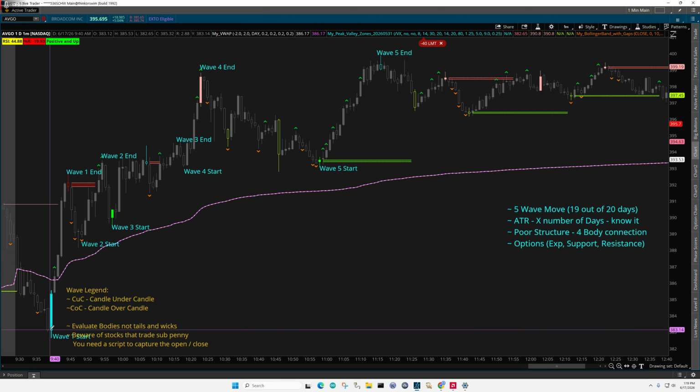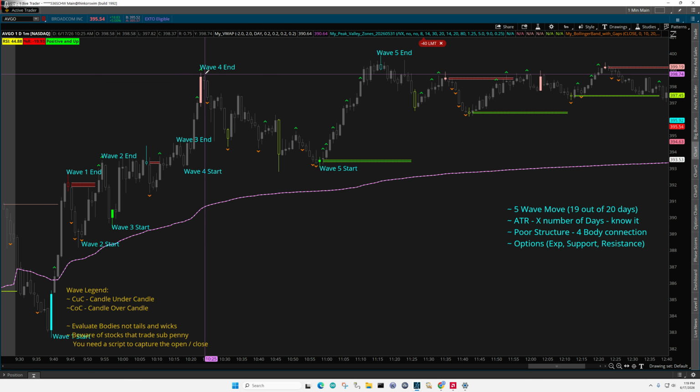So if I just estimate this down here, we'll call it 383, and this wave 4 actually went above 398. So that is from 83 up to 98. That's a $16 move. So I've already exceeded that $15 average daily range.